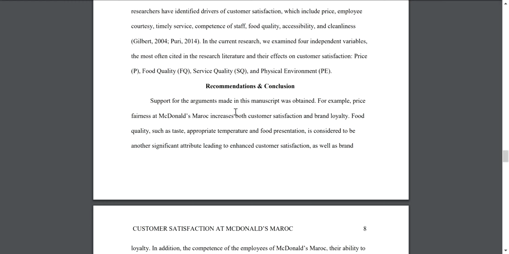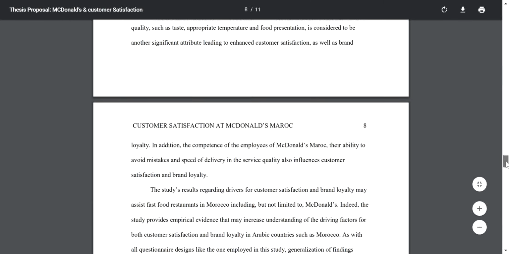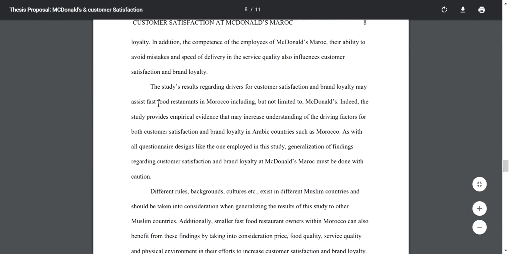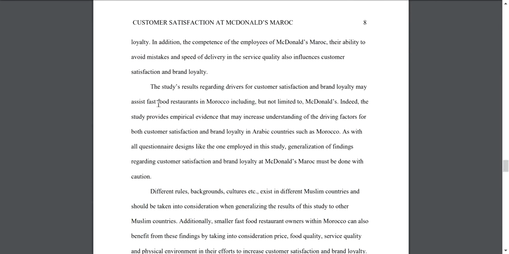Let's take a look at what, and again, this isn't an exact representation of what you should be doing, but it will give you an idea. All right, so what Amar was doing in the paper was analyzing customer satisfaction and brand loyalty and how four different independent variables, including price, food quality, service quality, and the physical environment, the layout, the interior design of the McDonald's Maroc in this case, affected customer satisfaction and brand loyalty.